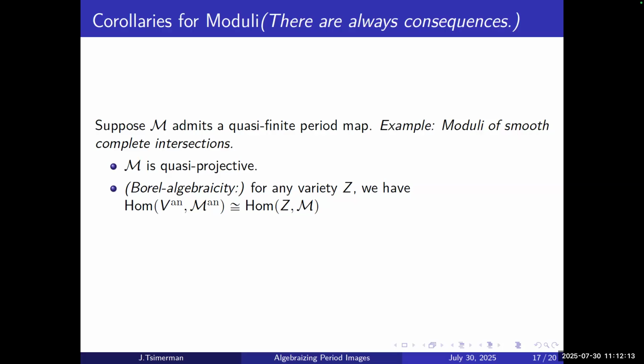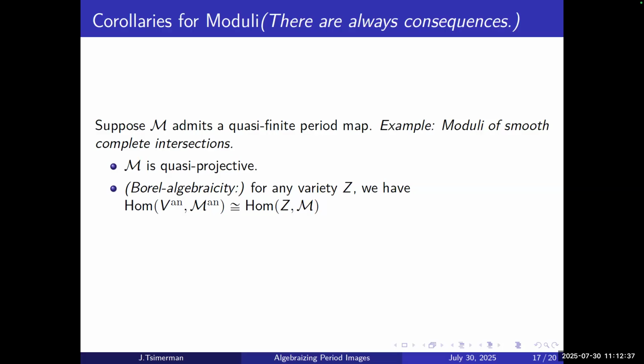You get Borel algebraicity, which is kind of cool. You have this for Hermitian symmetric spaces, therefore for Shimura varieties, and you have it in this case as well for varieties that admit quasi-finite period maps. I'll state it in this algebraic version. There's a polydisk version too, but I'm not going to say that. If you have any algebraic variety Z at all, then analytic maps from Z to M are all algebraic.